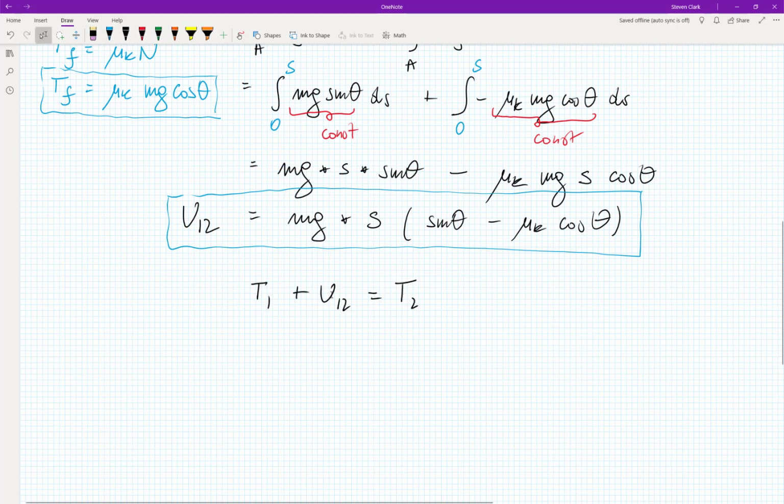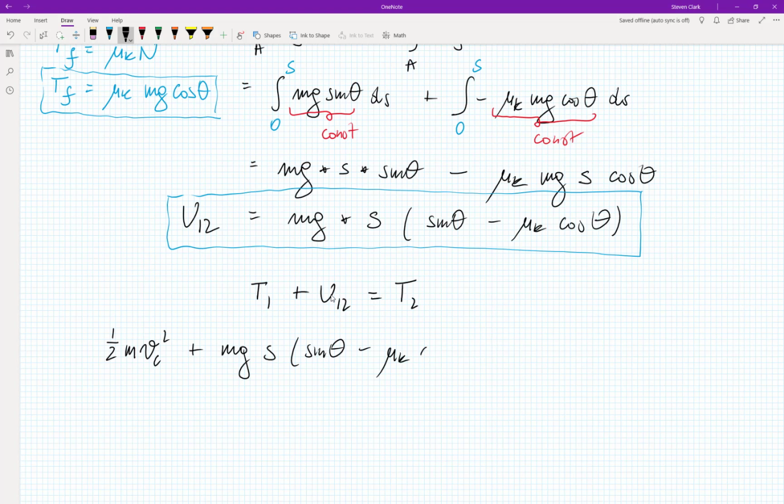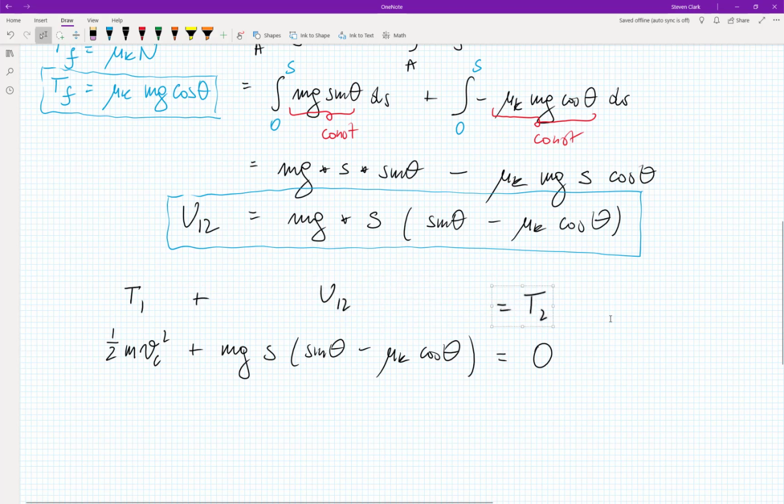So let me write this one. T1 had this expression, 1/2 m vc squared. U12 is this expression, mg (sine theta minus mu k cosine theta). And T2, you told me that it's 0. The m's cancel out. And this is what Olivia asked us for.